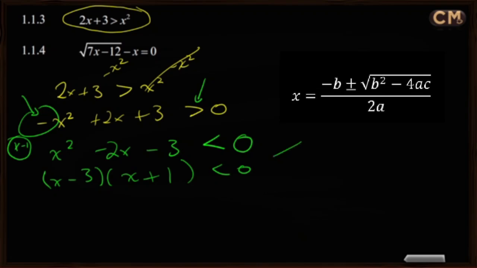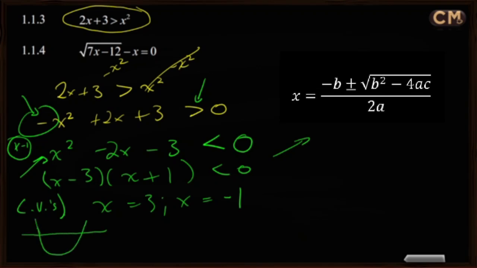Again, there's a formula over there. So our critical values will equal 3 or negative 1. Because we now have this positive leading coefficient, we are dealing with a smiley face parabola in our little sketch, giving us negative 1 on the left and 3 on the right.